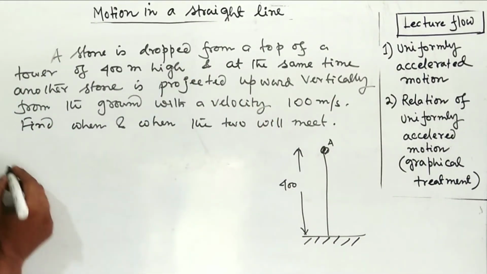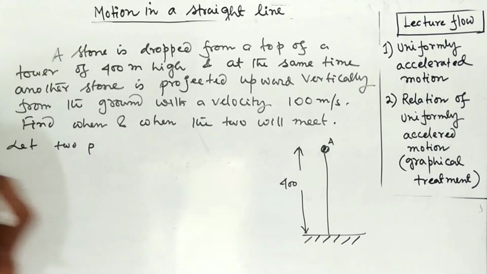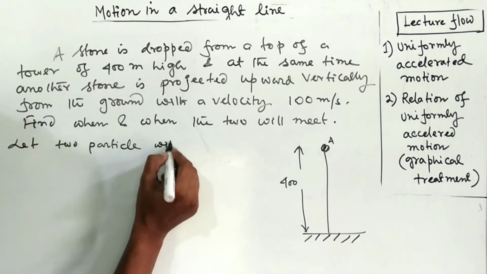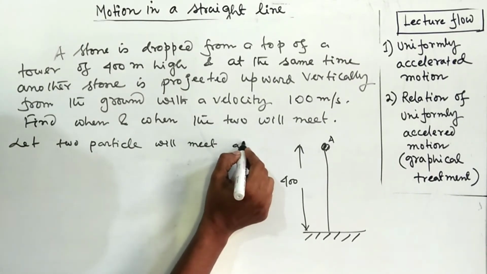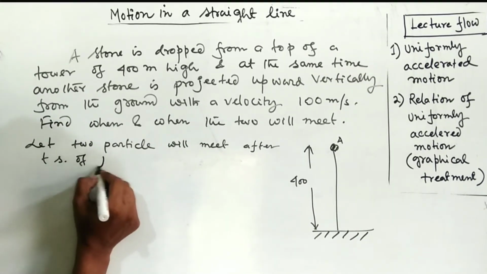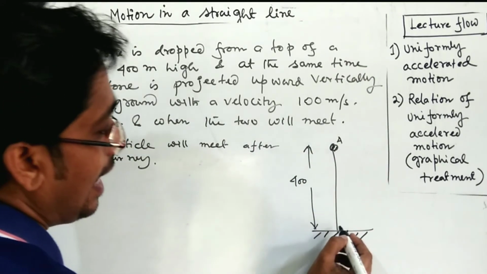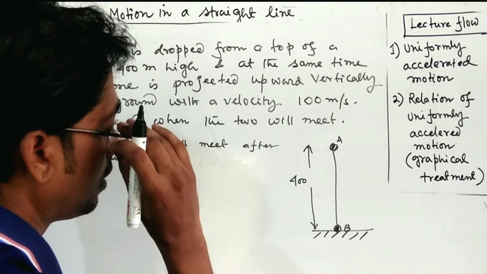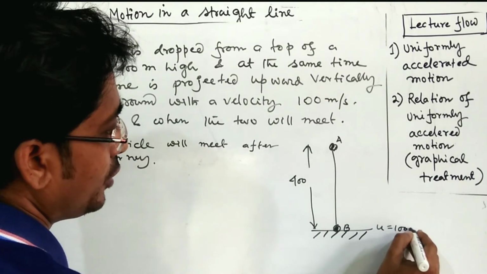So let the two particles meet after t seconds of journey. So at t seconds A will descend, and particle B was projected upward vertically with U equal to 100 meter per second.